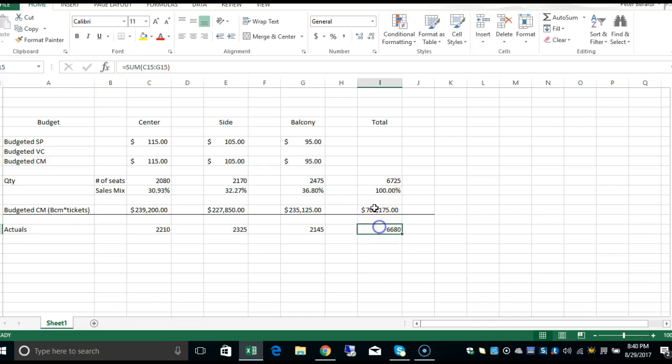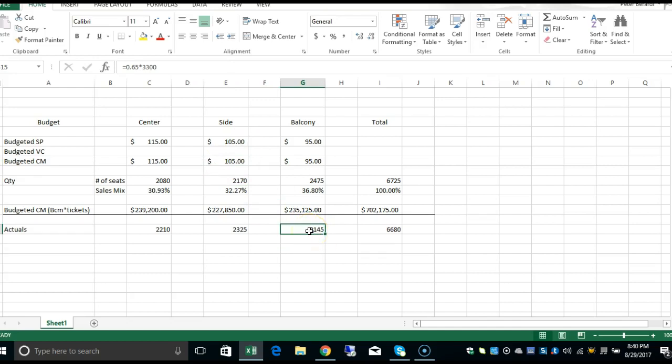As you can see, the total tickets sold were slightly less than what was budgeted. So we might have an unfavorable contribution margin variance here. However, we sold more of the higher price tickets: 2,210 versus 2,080. We sold 2,325 tickets of the side seats versus 2,170 budgeted, and that has a higher contribution margin.